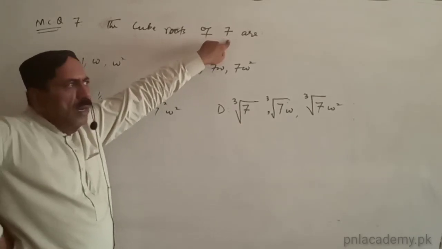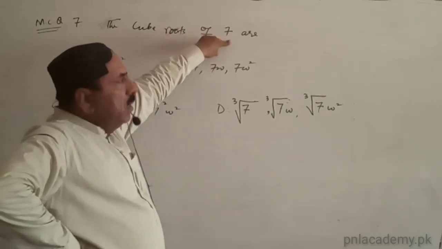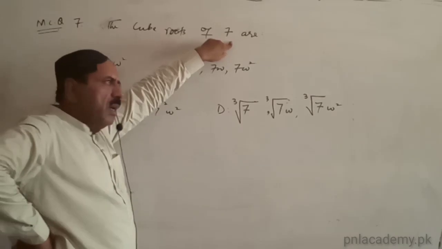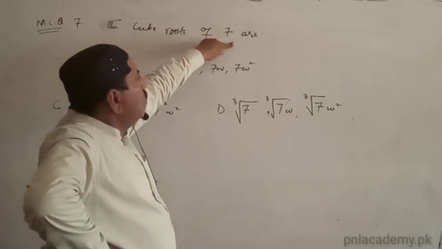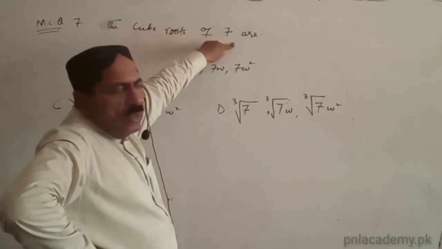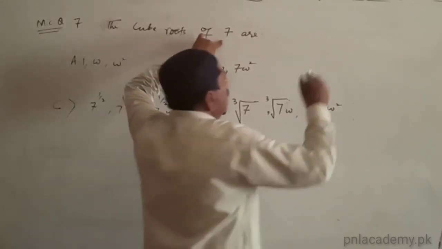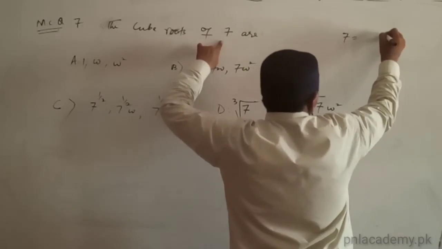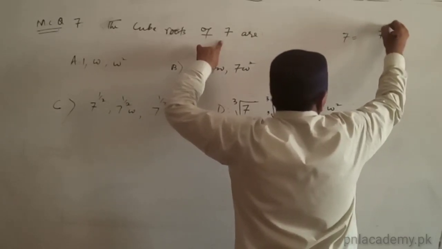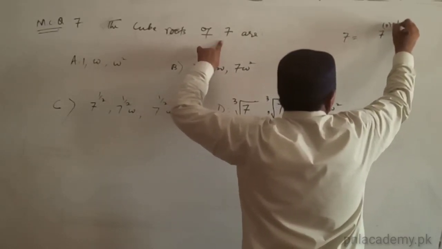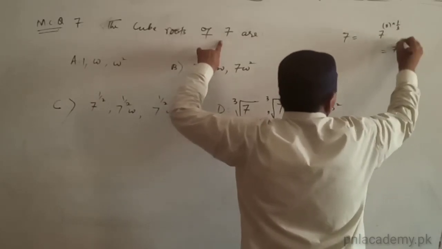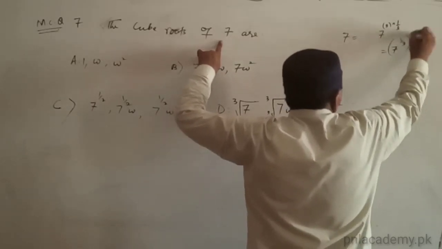First of all, we select such a number whose third root can be deduced out. Here 7 can be written as 7 power 3 into 1 upon 3, so this will be 7 power 1 upon 3 whole cube.